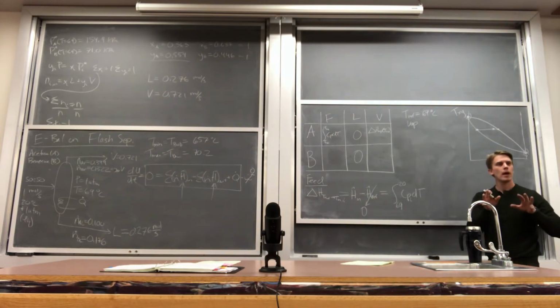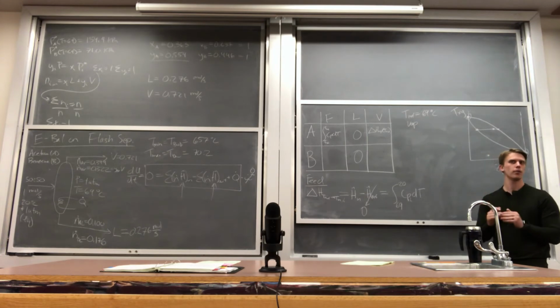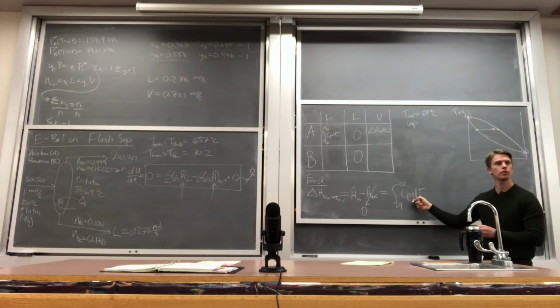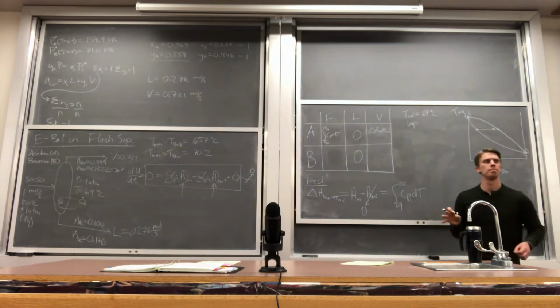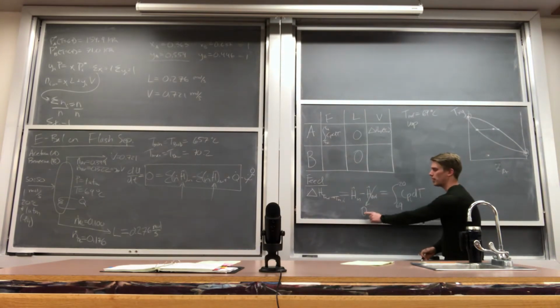We only know how to calculate changes in enthalpy: changes with phases, changes with temperatures, changes with pressures. But in our table, we need an absolute number that we can plug in. So how we get out an absolute number is by assuming our reference state is equal to 0. So this right here is the key step that unlocks all of our energy balances.